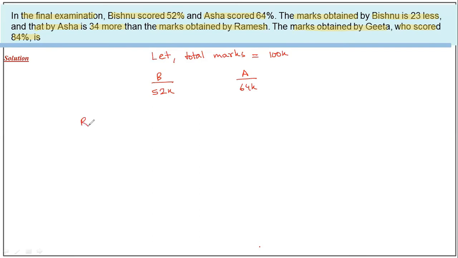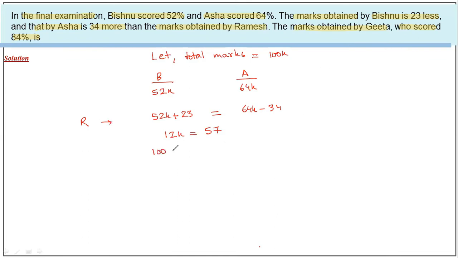Also, Ramesh scored 23 more than Vishnu, so that is 52k plus 23, and scored 34 less than Asha, so that is 64k minus 34. So these are equal. So what we have is 12k, that is equal to 57.